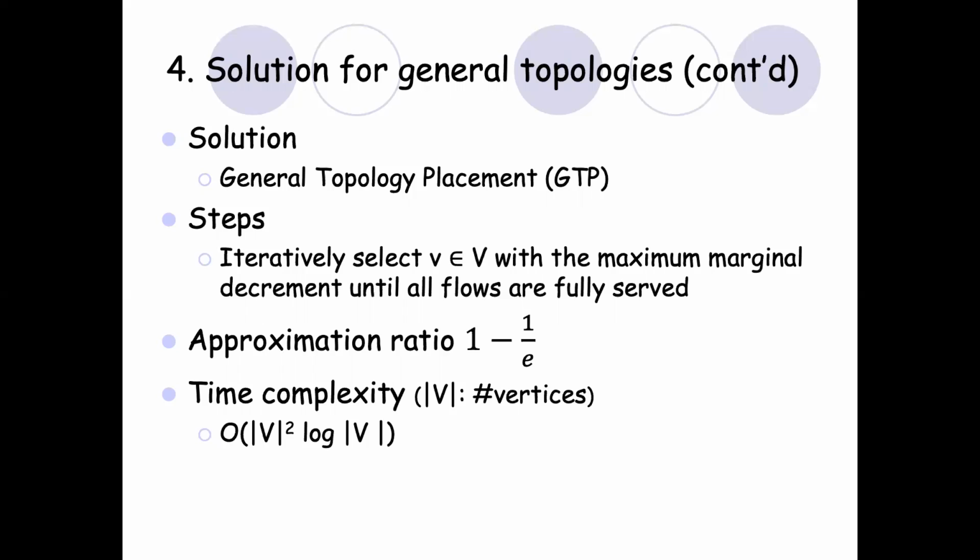And we prove that the solution is derived from the classic submodular set cover solution. So it's actually a performance-guaranteed algorithm with an approximation ratio of 1 minus 1 over e.